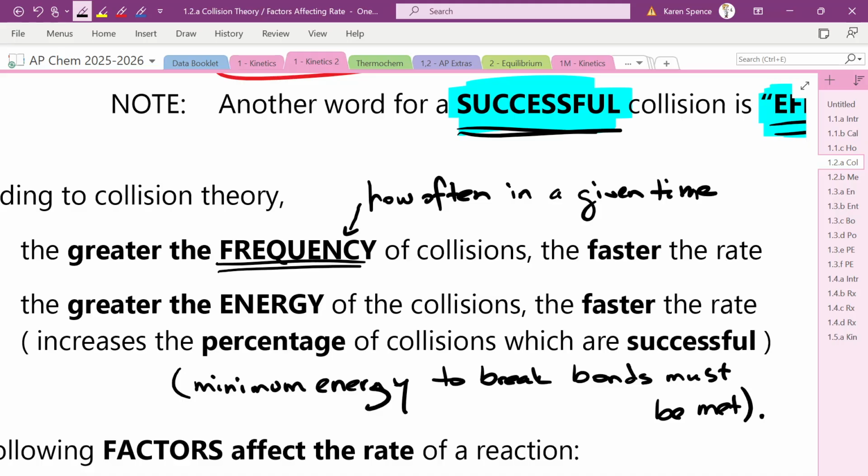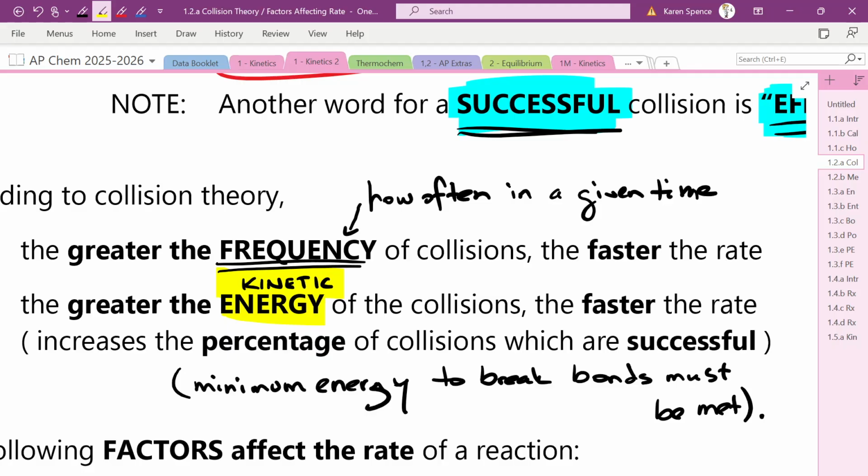Now, when we say energy of collisions, are we talking potential energy or kinetic energy? Things collide with kinetic energy, okay? How do we measure kinetic energy of particles?